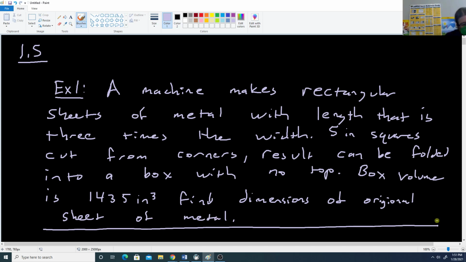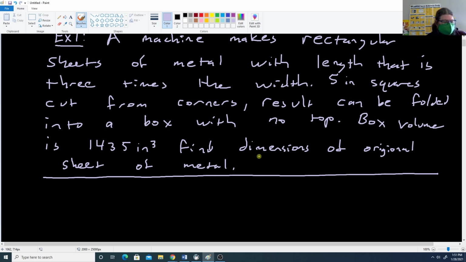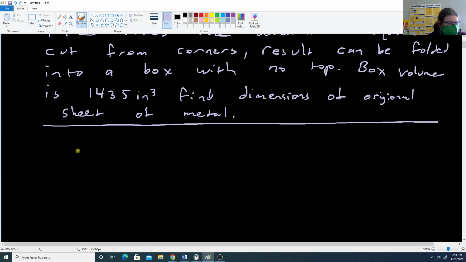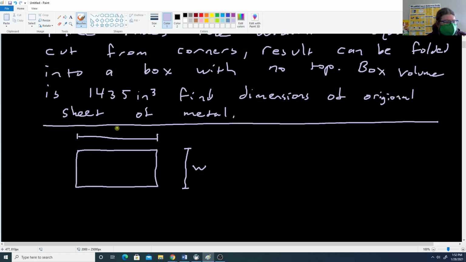Okay, so let's go through and try to set this up. First of all, we're going to draw a picture. We've got this rectangle, and the rectangle has width W. Since the length is 3 times the width, the length is 3W.